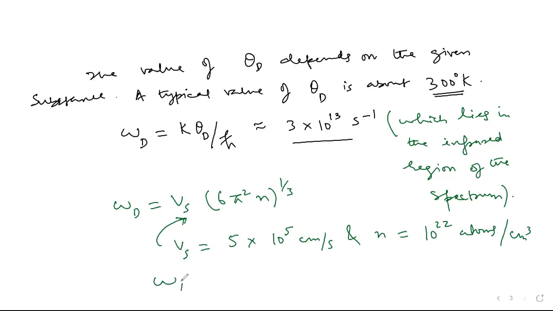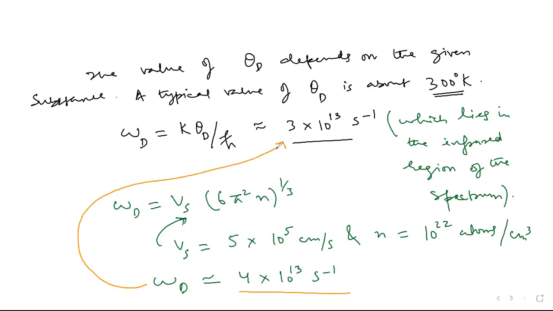What we get is omega D approximately 4 into 10 raised power 13 per second, which is of the same order as we calculated above from omega D equal to k theta D over h cross, putting for theta D 300 degree Kelvin.